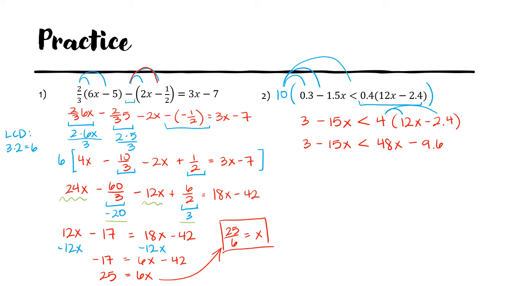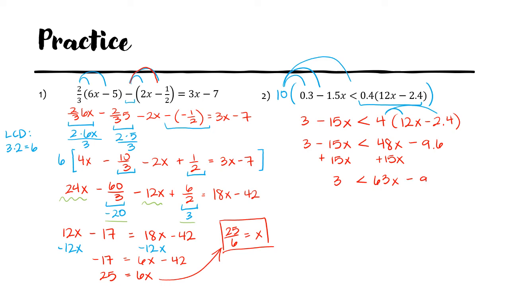So again, once we're at this point, it looks like I just need to go ahead and use inverse operations to isolate x. So I might go ahead and just add 15x to both sides of the inequality. So that means I'm going to have 3 now is less than, let's see, 48 plus 15, 63x.